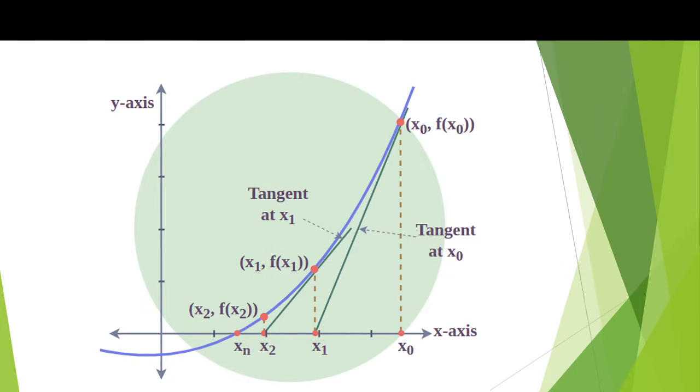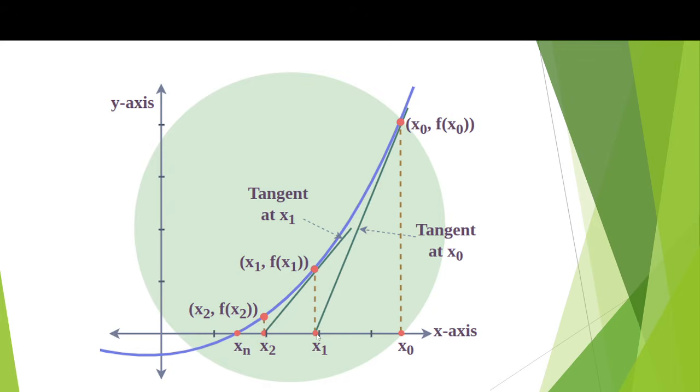Here I have drawn the function y = f(x) in the xy plane. Here this is the x-axis and this is the y-axis, and this is the graph y = f(x). We assume that this is the initial value x0 which is given in the question. At the point x = x0, I have drawn a tangent which looks like this, and the tangent intercepts the x-axis at a point say x1.